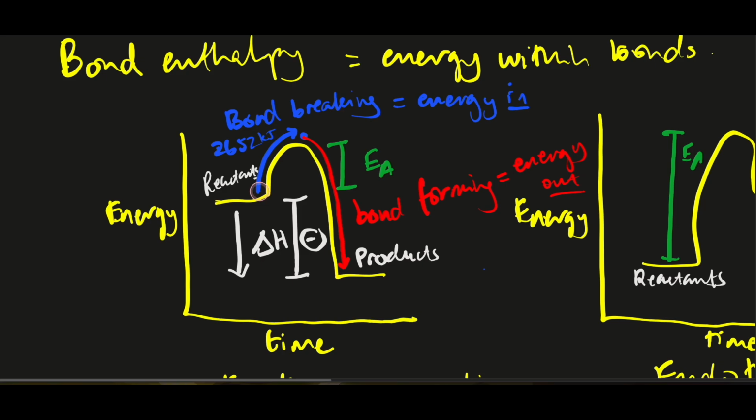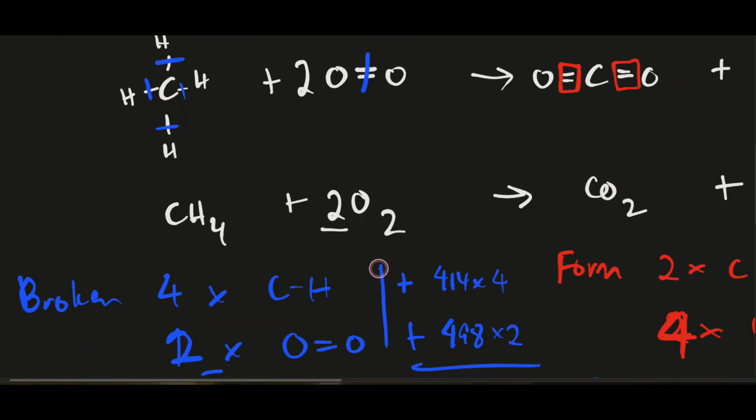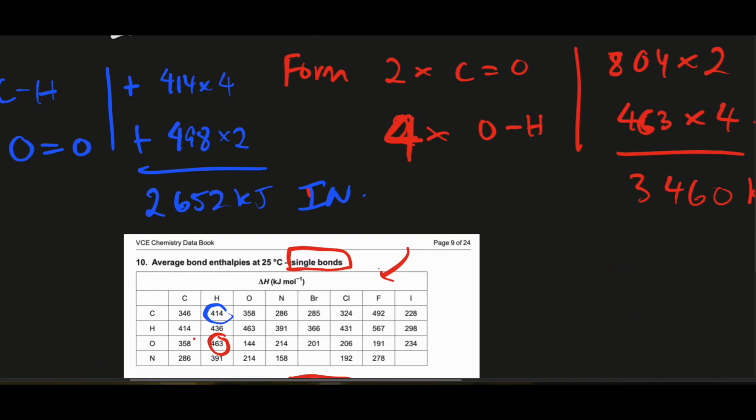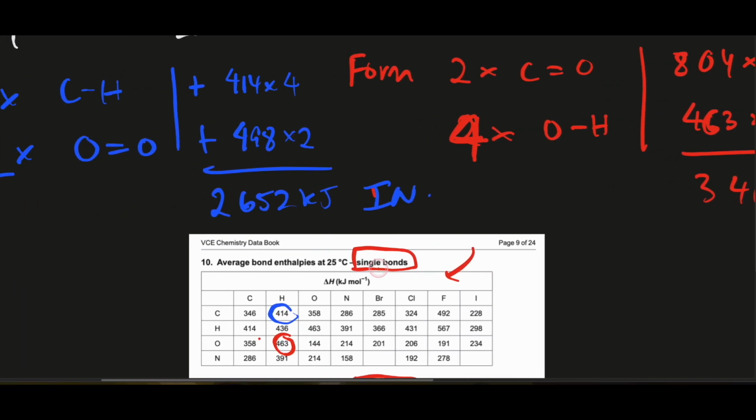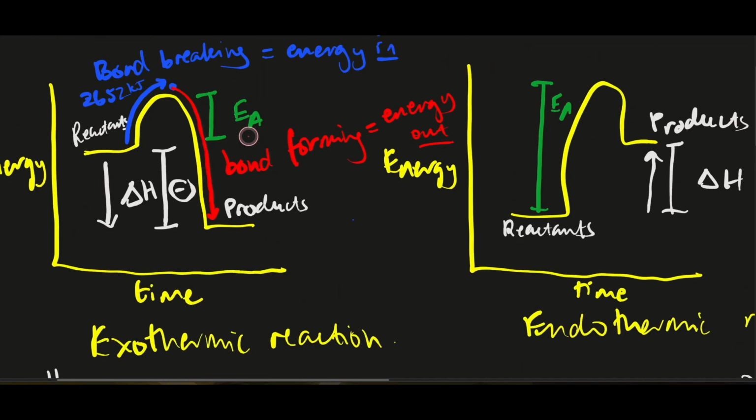That's how much energy goes into the system. Now, going out of the system, the red line, how much energy was that? That was 3,460 kilojoules. We can find the difference between these two numbers and we will get delta H.